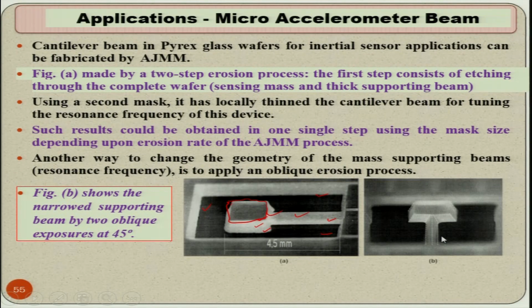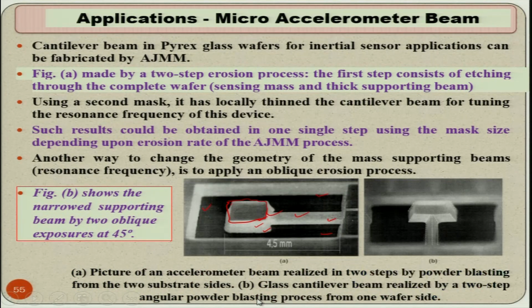So, these angles have to be maintained and you have to choose the proper type of mask as well as the proper angle of the air abrasive jet, because only if it is at the proper angle can you make these tapered surfaces here, here as well as here, otherwise it will not be possible. So, the angle of the jet is also important, including the mask, to get these tapered surfaces.